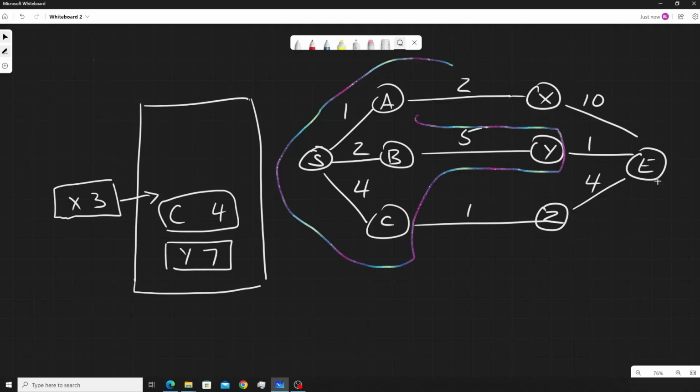Our next consumption element is X3. So we're going to consume X3. Consuming X3 opens up our final destination, E, with a cost of 13.